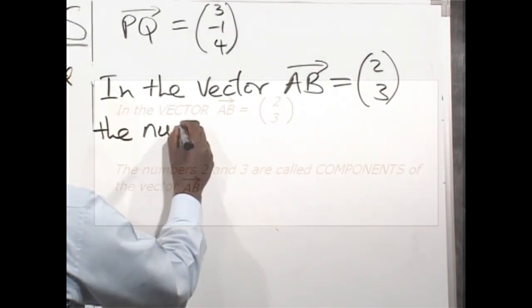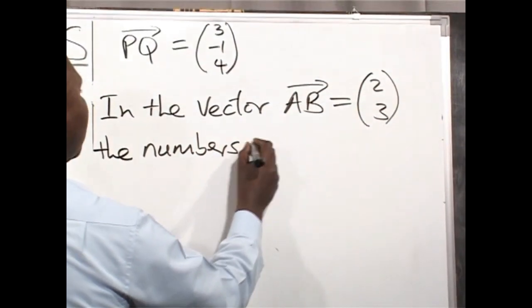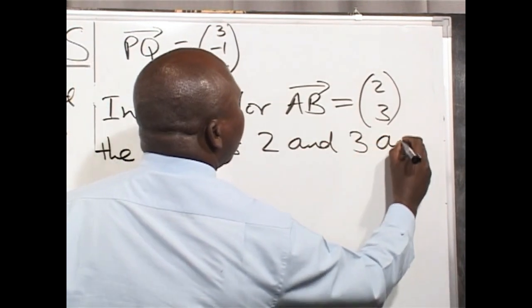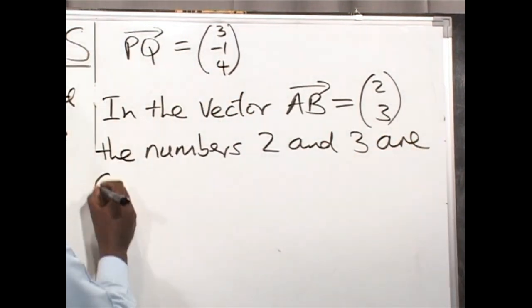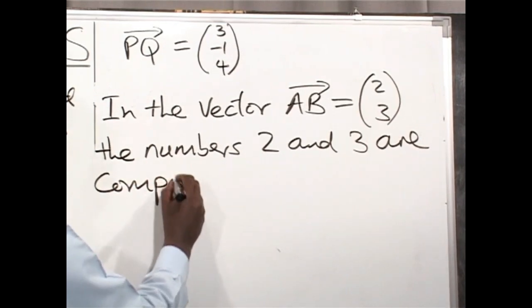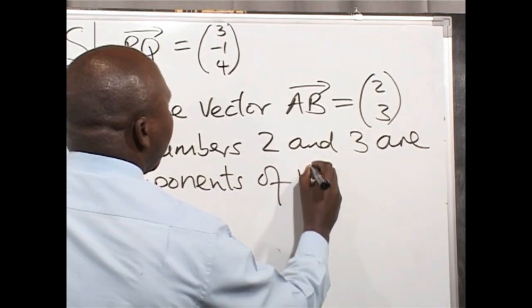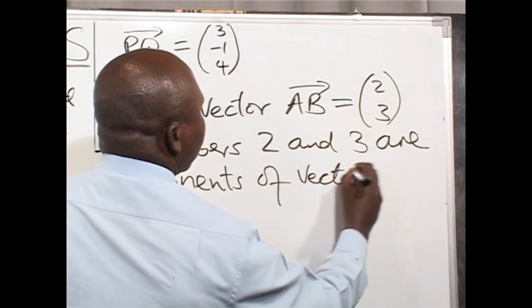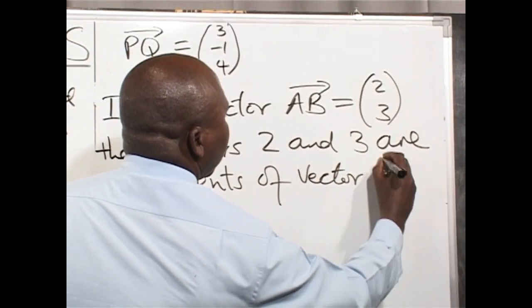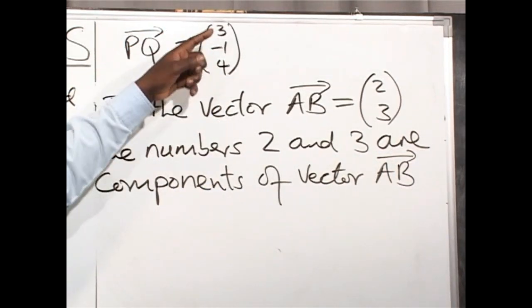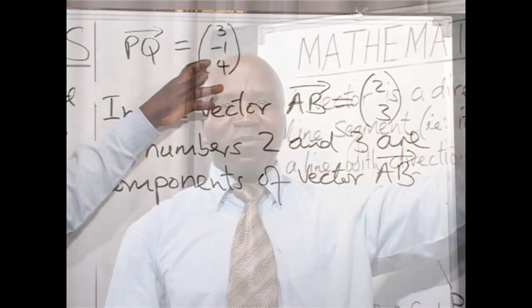The components of vector PQ are 3, -1, and 4.